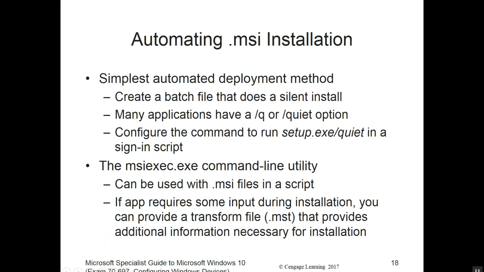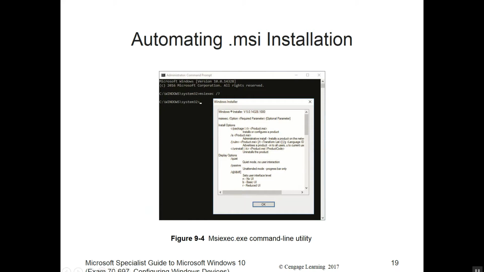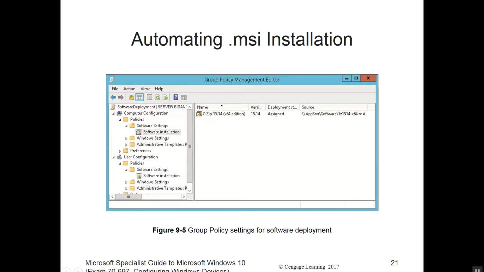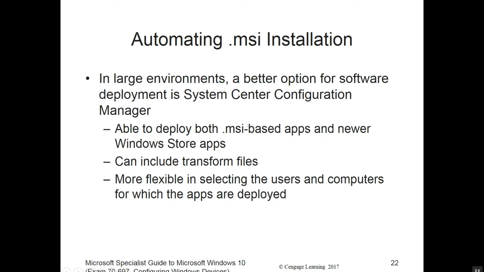You can automate MSI installation. Here we can run it from command prompt using the msiexec.exe command line utility. We can dictate when and how, through scripts, to go through software installation using the Group Policy Management Editor for software deployment.